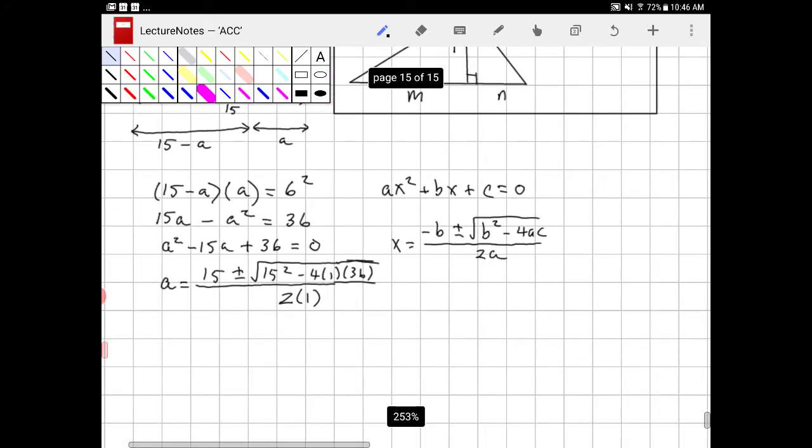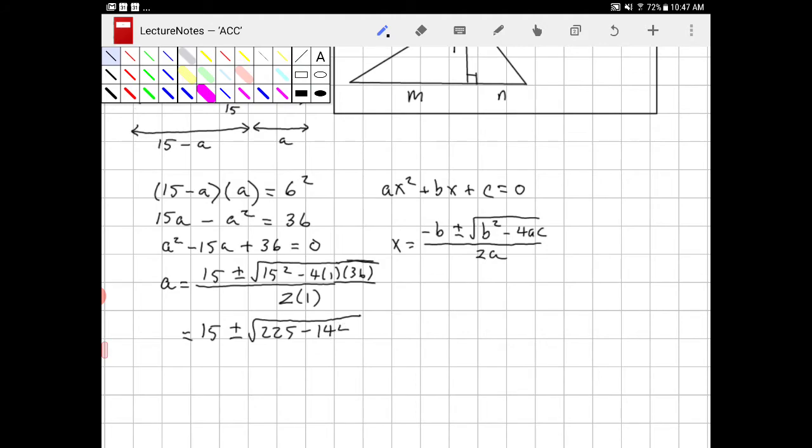I'm going to further reduce this. This is 15 plus or minus the square root of 225 minus 144, all over 2.